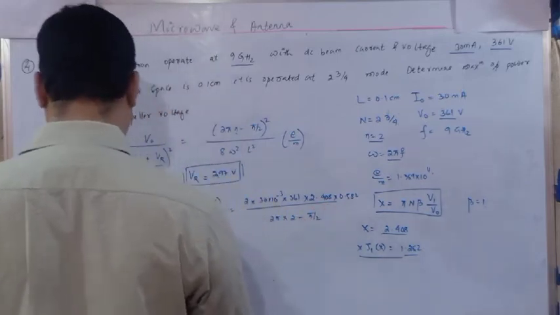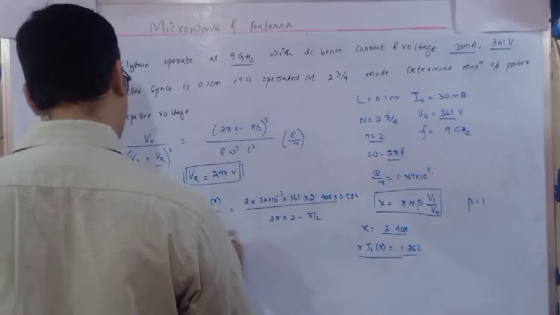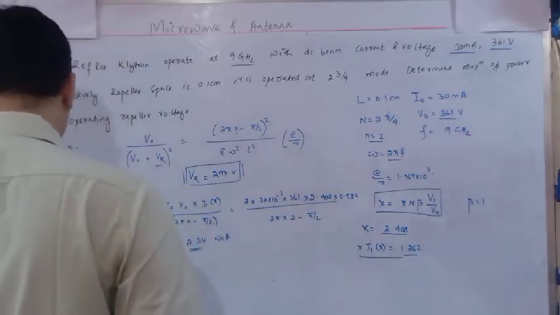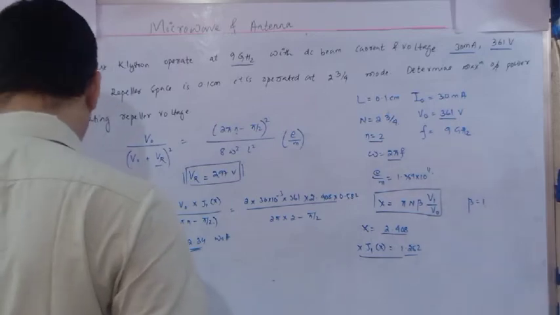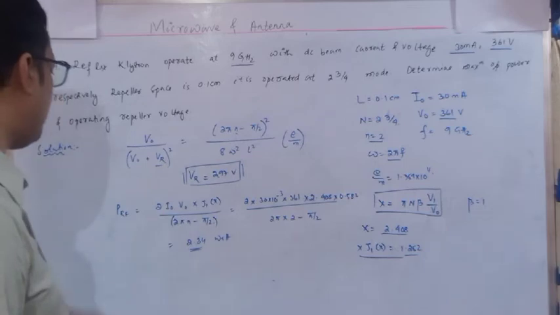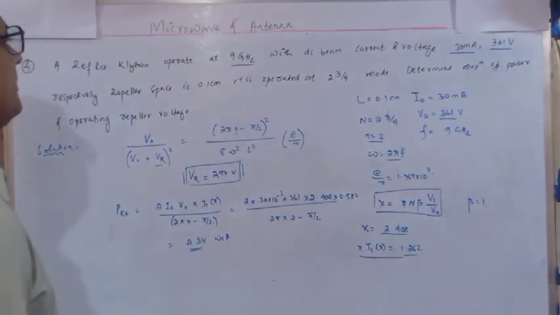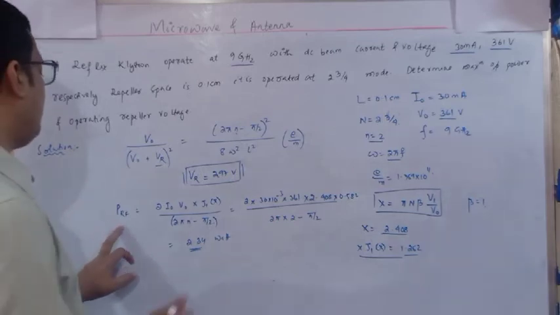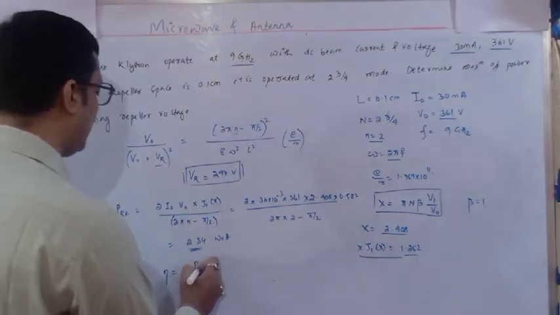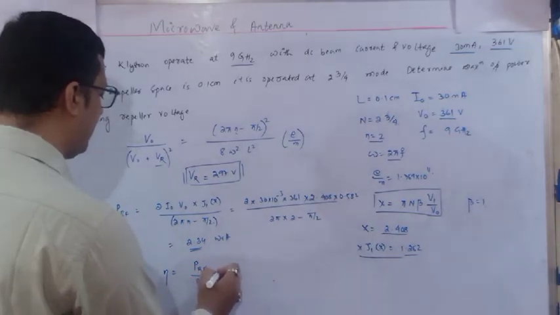So PRF you are going to determine is 2.34 watt. So this is the RF output power. Determining the maximum output power means this is the RF output power. Then again, if efficiency is calculated, PRF divided by PDC into 100 you have to calculate.